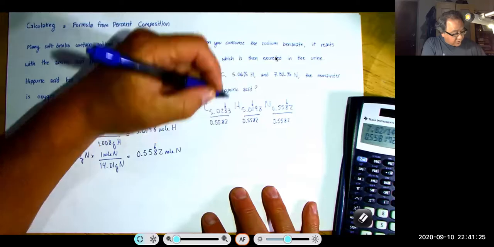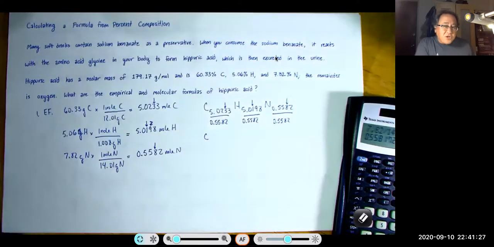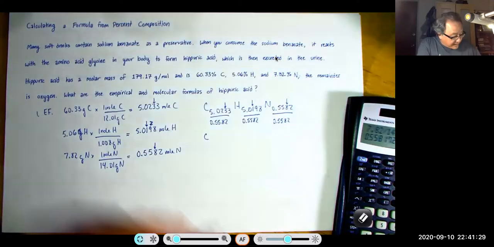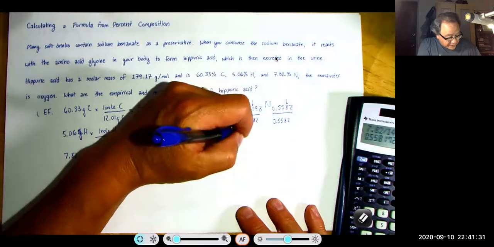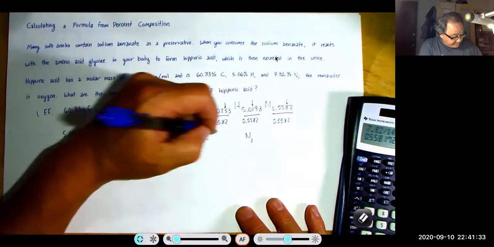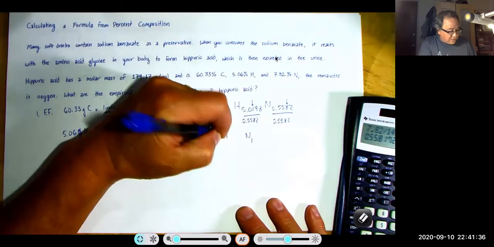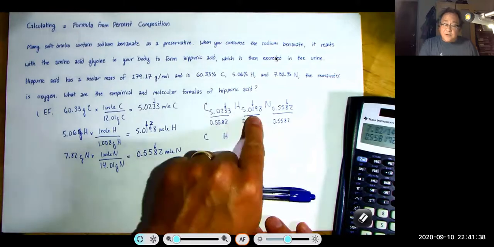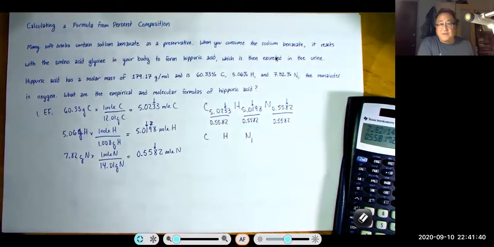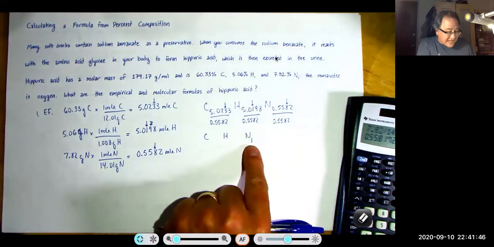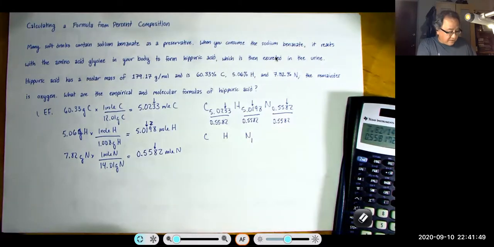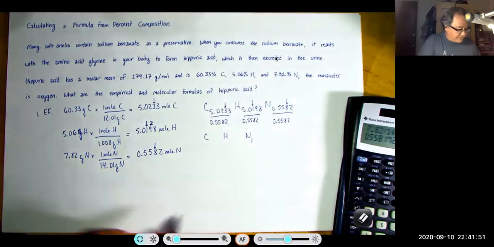So by doing so, I make sure that the smallest number I'm going to get is going to be 1. Nitrogen will be 1. And here, each of these numbers will be bigger than 1 because when we have the formula of a compound, the smallest number you can have is 1. So we ensure that the smallest number we're going to get is exactly 1 by dividing by the smallest of the numbers for the subscript.